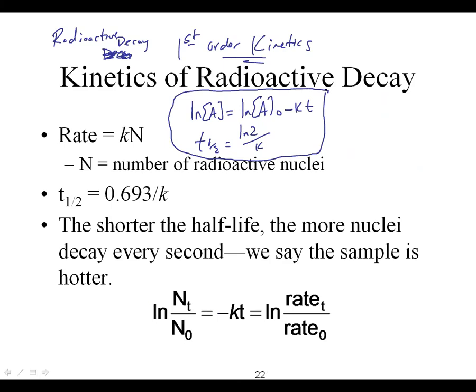The only difference is in nuclear chemistry, they will sometimes use different symbols to represent the same things. In traditional chemical kinetics, not involving nuclear chemistry, the K is referred to as the rate constant.